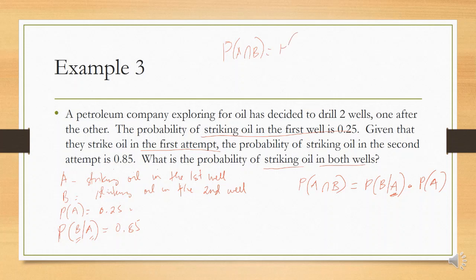Kung ito naman ang iyong notation, depende sa statement, no? Mumultiply mo siya sa P of B. Remember, sumusunod yung denominator natin. So, we just have to multiply 0.85 times 0.25. Okay? Ayan, para hindi nakakalito. Okay, so this is your final answer.